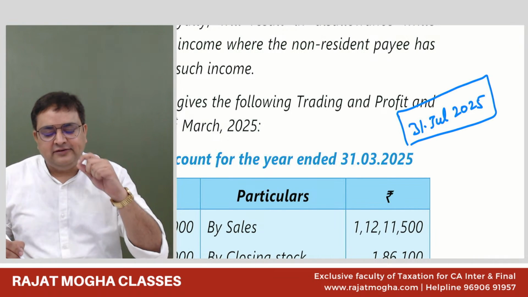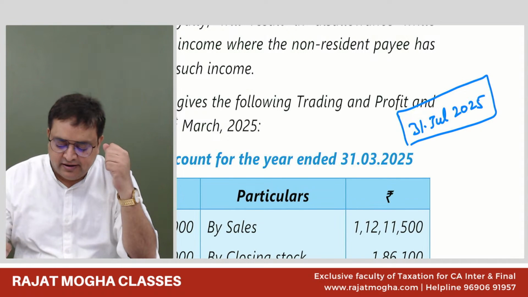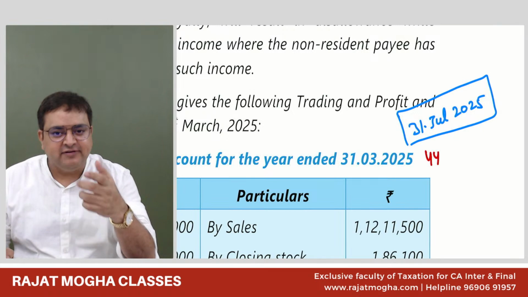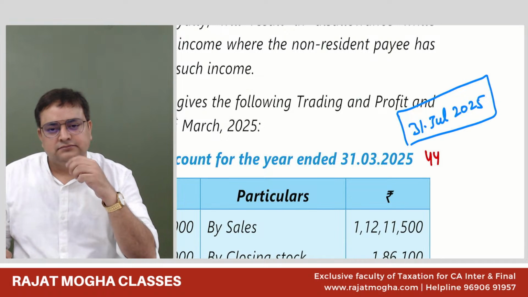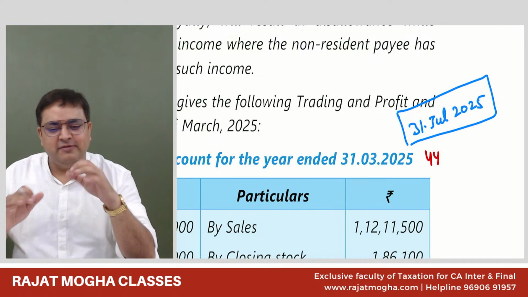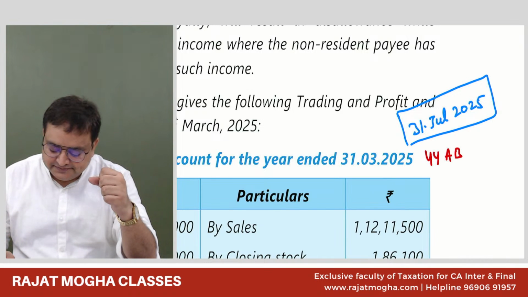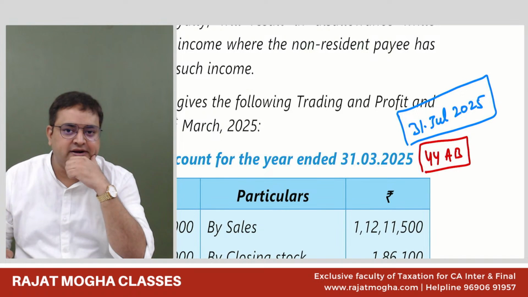And generally, guys, the person who is liable for audit, tell me the due date. So we have a section. Can you tell me the section number? Don't worry if you don't remember the section number in examination. It is 44AB. Double A is maintenance of accounts, AB is tax audit.